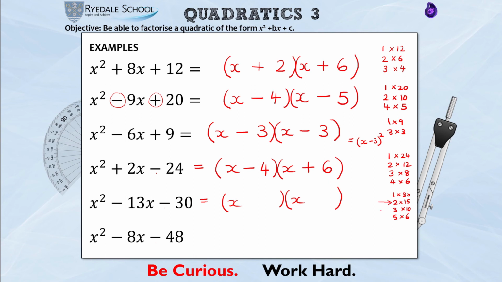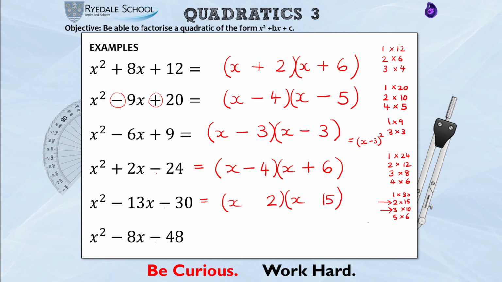Well, there's a little bit of a problem with this one, because I see 2 different ways of making 13. So which one is it? It all comes down to the fact that the signs are going to be different. So I'm going to be looking for the pair that subtract to make 13. So it's 2 and 15.